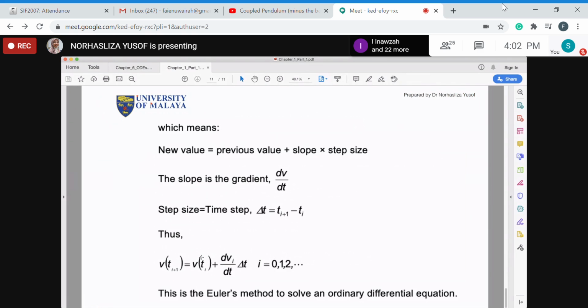This is the form of Euler's method. This is your y i plus 1, this is your y i plus... this is actually for x. Sorry, this t is your x, and then you can solve this.